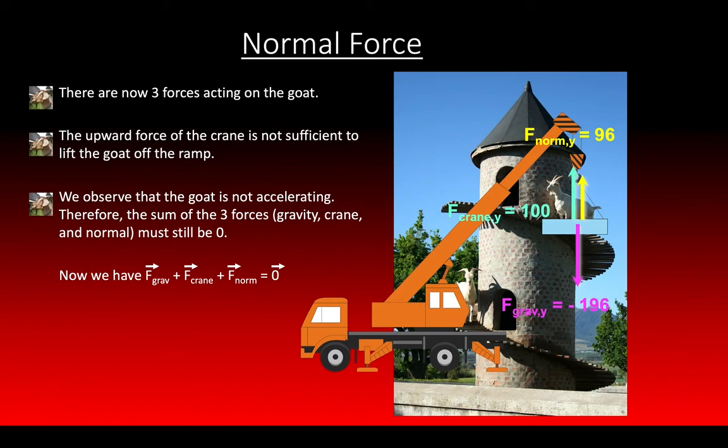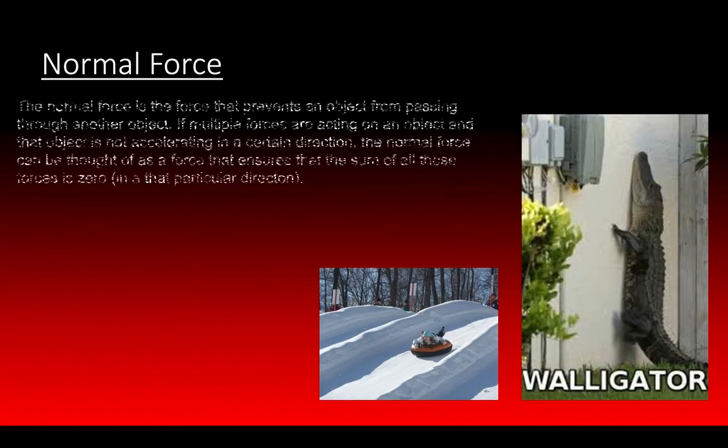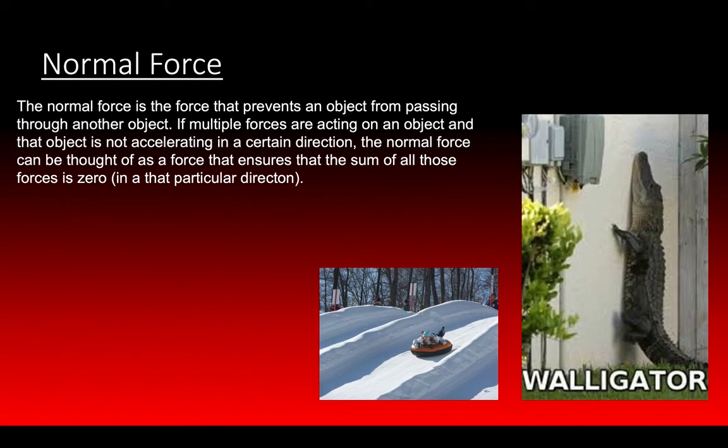However, it is possible to have an acceleration that is non-zero and still have a valid idea for the normal force. And this is going to have to do with the direction that the normal force points. So we thought of the normal force as kind of like another force that cancels the other forces. But it would be more proper to say the normal force is a force that prevents an object from passing through another object.